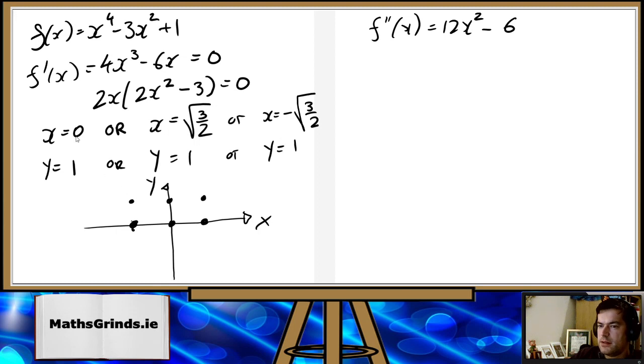Oh no, sorry. When x is 0, it's a negative, so that's concave then. Maybe my y values are wrong here. Root 3 over 2 squared is 9 over 4. Oh, it is wrong. It's not 1.